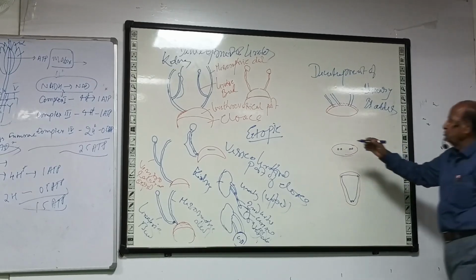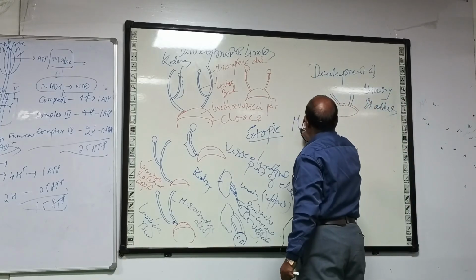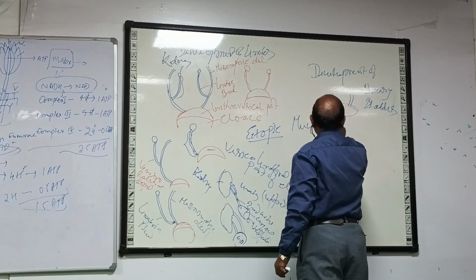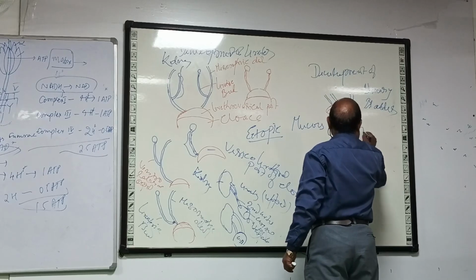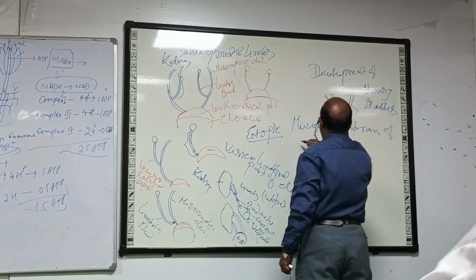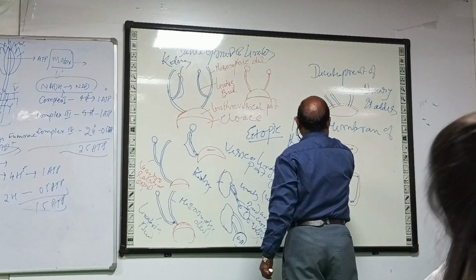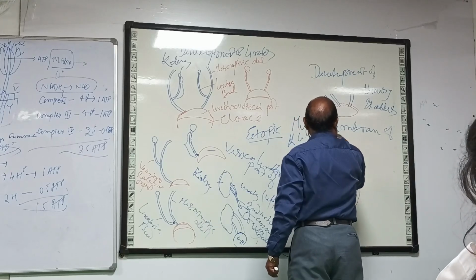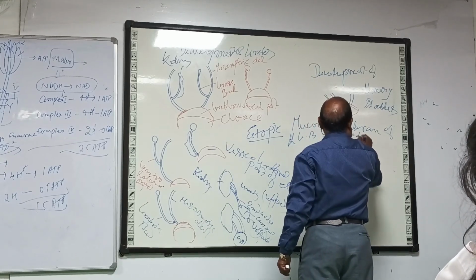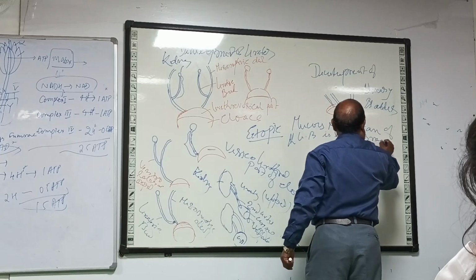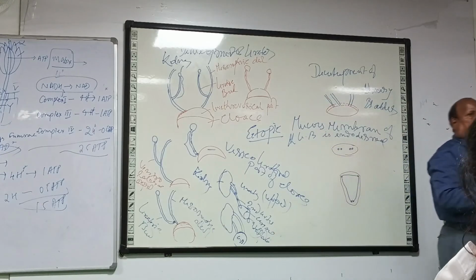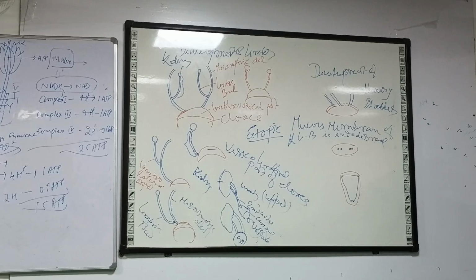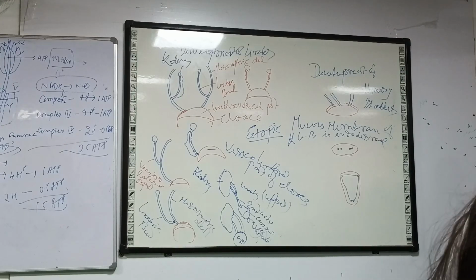First we write the mucous membrane of the urinary bladder is endodermal. Now I want to explain why I am saying endodermal. Because the inner lining of the whole gut is endodermal.